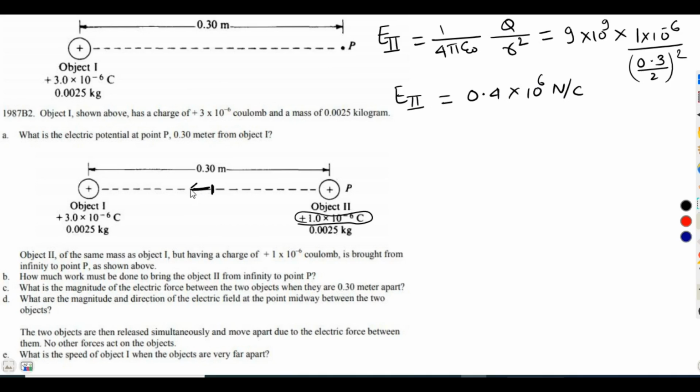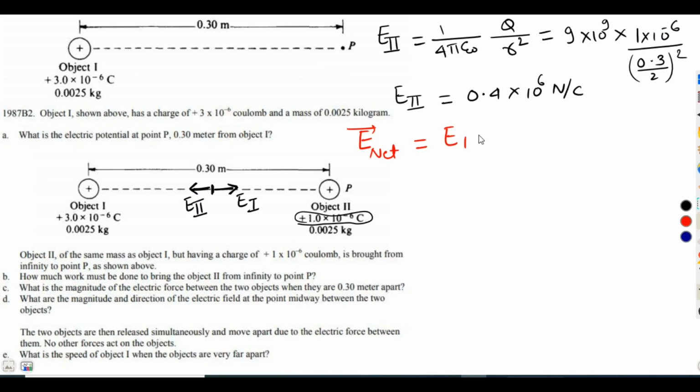This is E2, and E1 was in this direction, so both are in opposite directions. So we have to take the net electric field, and this is the subtraction of both electric fields because it's a vector and both are in opposite directions. So this will be E1 minus E2.